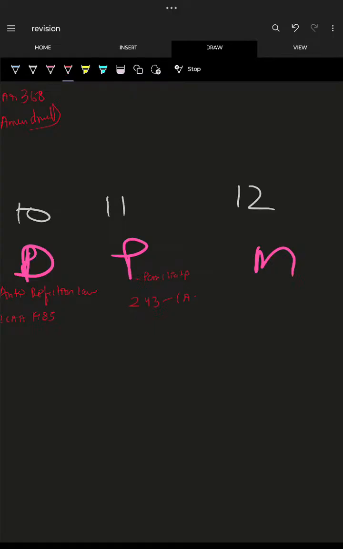Panchayati articles. Municipality articles. 243.